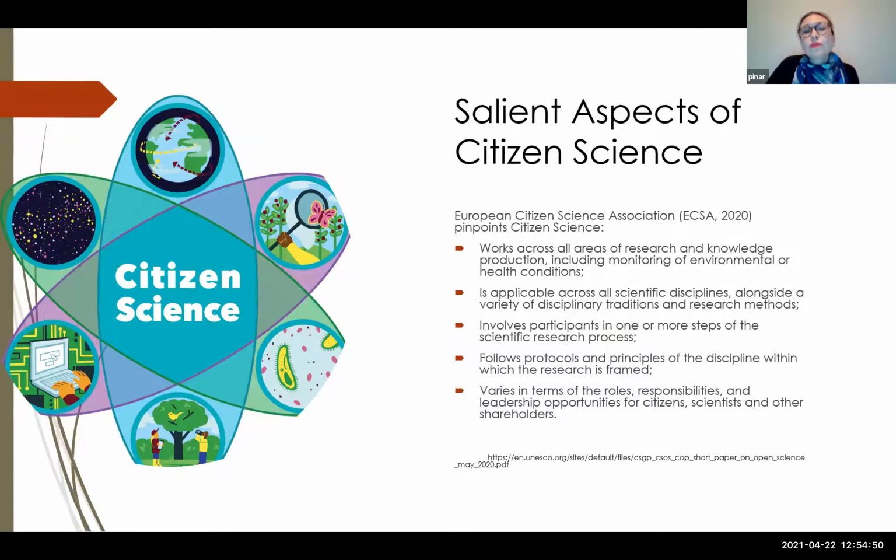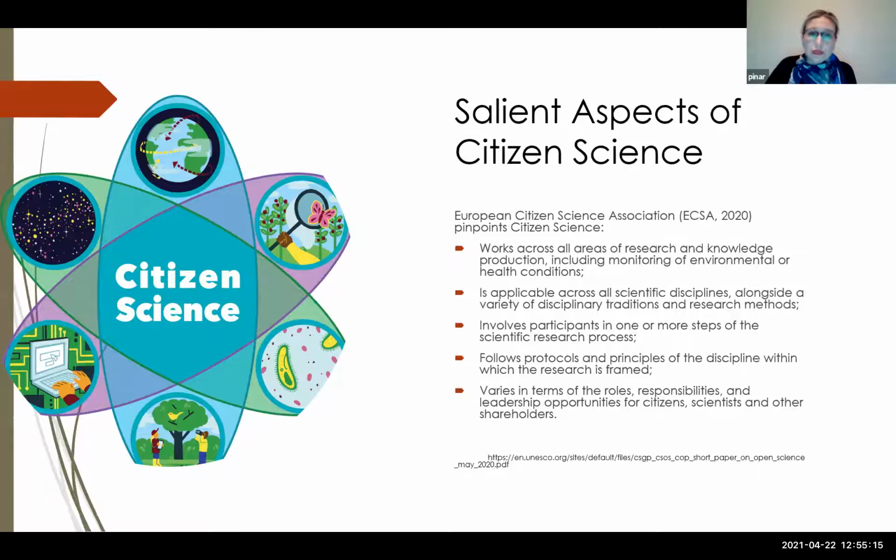Taking a closer look at citizen science, we see the salient aspects. For example, citizen science, as one of the recent definitions suggests, is the work or total of works across different disciplines; different types of research, different sciences, or different branches of science come into play here.